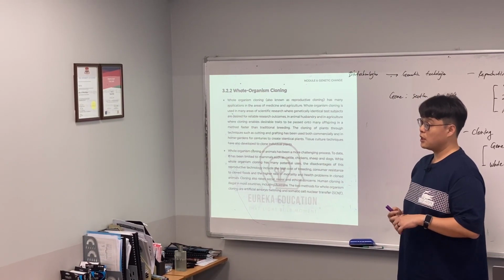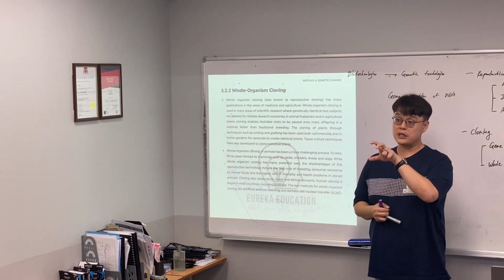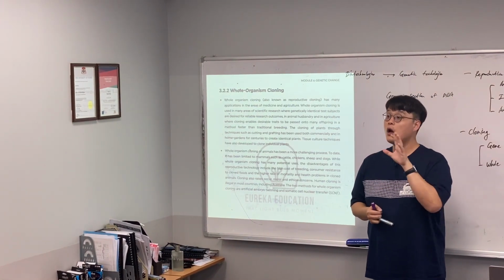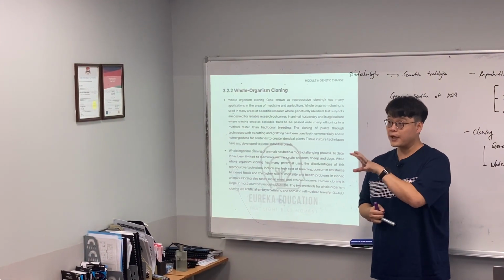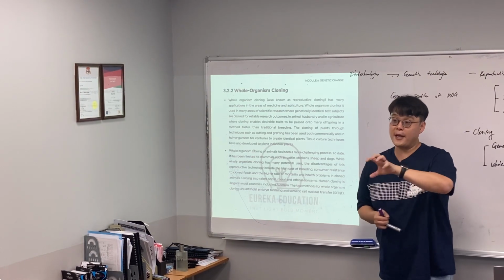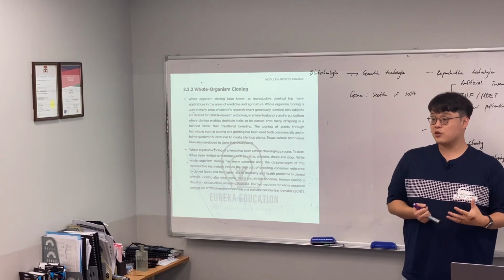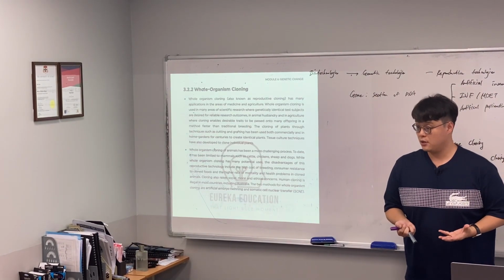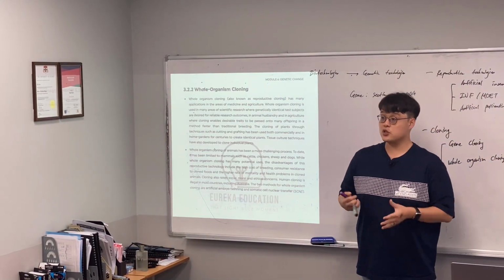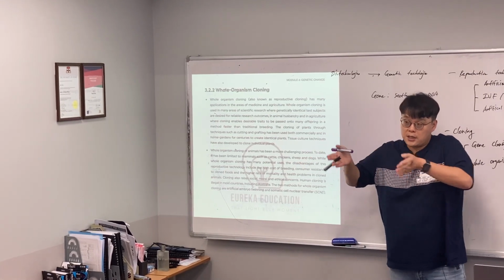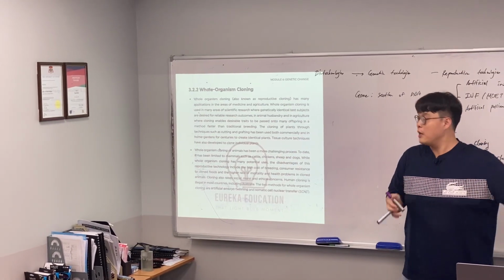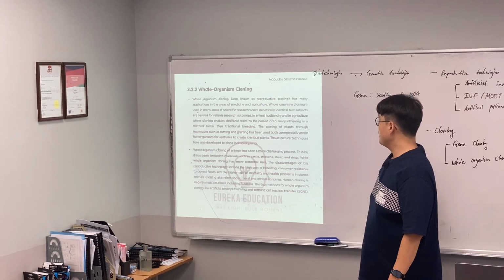What that means is, if you have traits that you want to pass on to the next generation, rather than relying on breeding, you basically copy and paste. That is considered efficient, because you don't waste time. You like the trait, so you just keep it as you pass it on generation by generation.